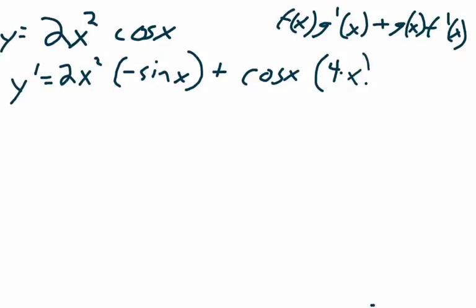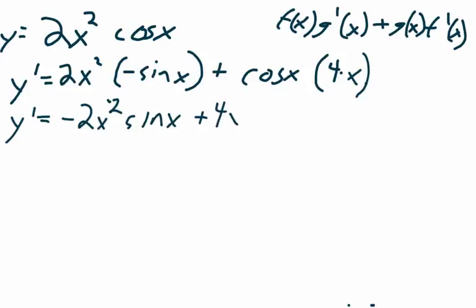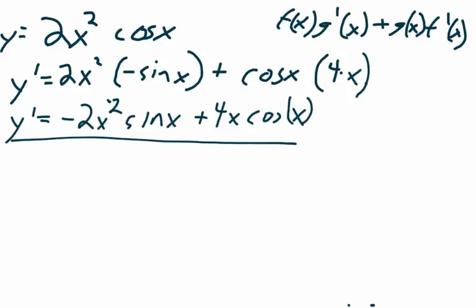And now we're going to just simplify this. So the derivative is negative 2x squared sine x plus 4x cosine x. And that's the product rule.